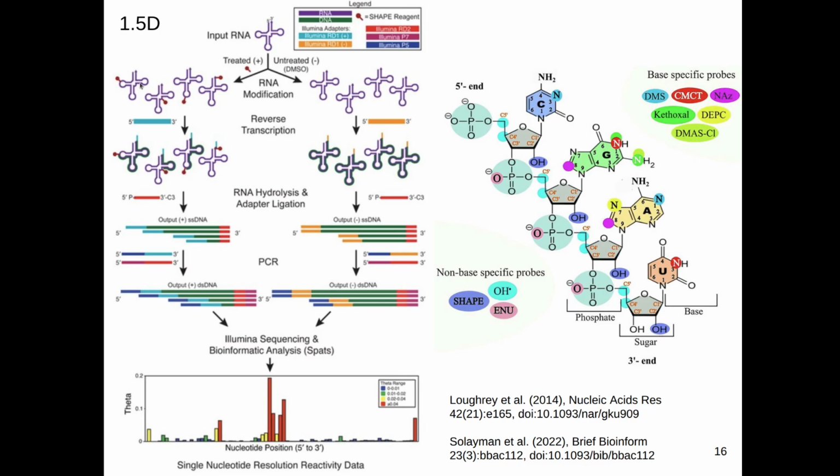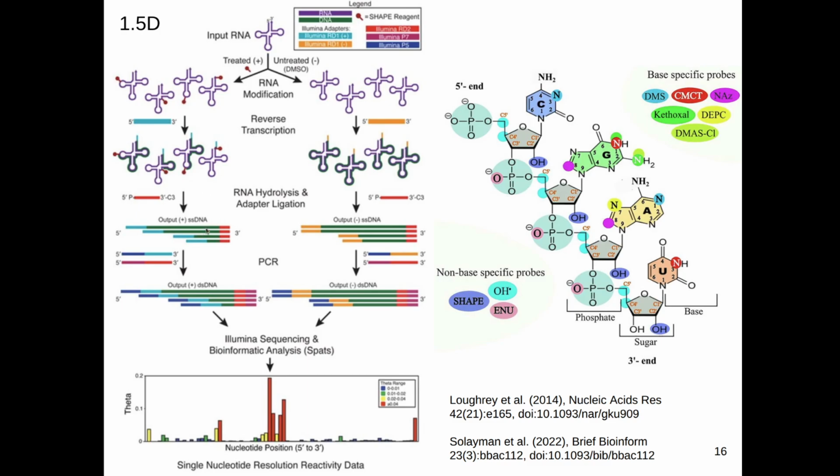Once we modify these molecules, we apply reverse transcription to get DNA reads from our RNA molecules. These modified positions either make the transcriptase fall off the RNA, so the read will stop in the modified position, or they introduce errors in these positions, which will translate to mutations in the DNA reads.